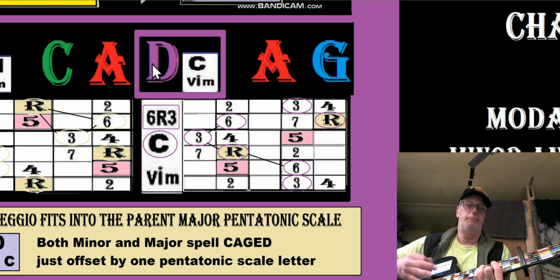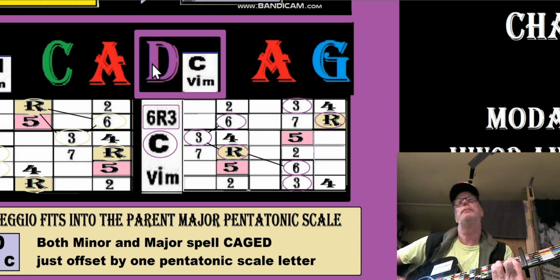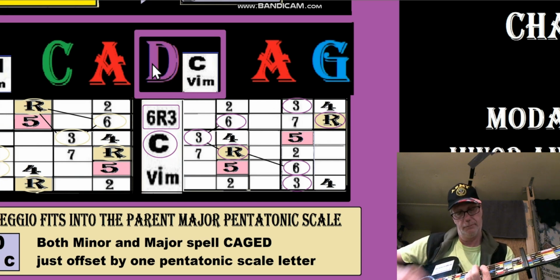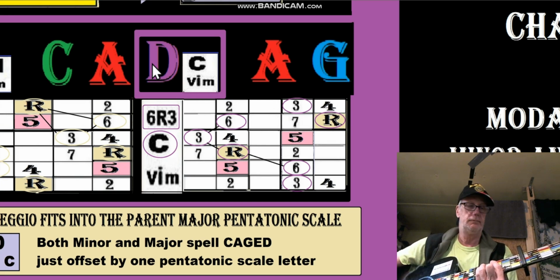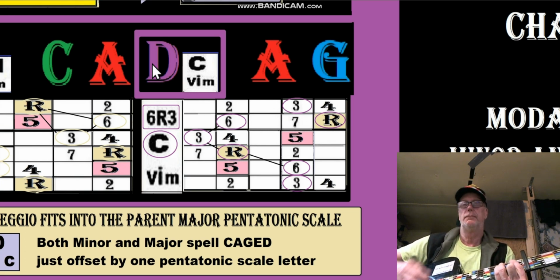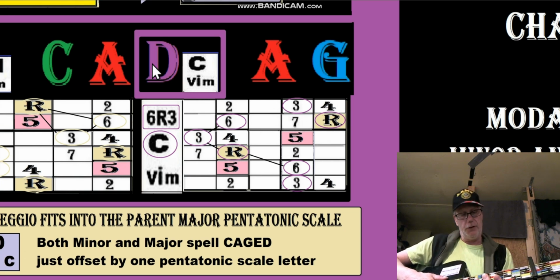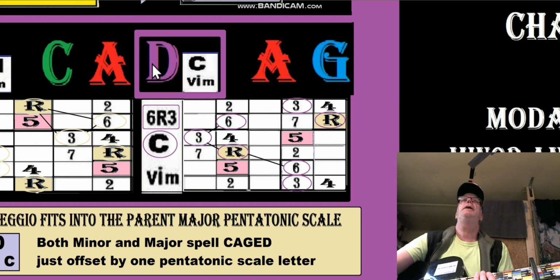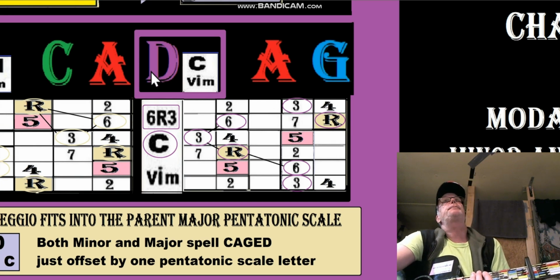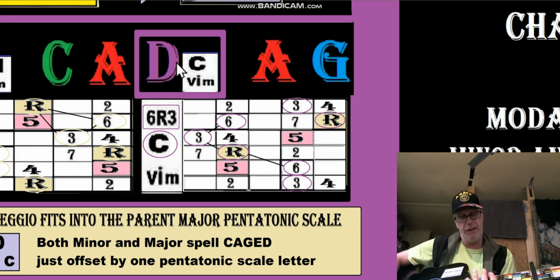C, G, F. What I'm saying is when you're doing that in the G shape, the A minor is the relative of C.